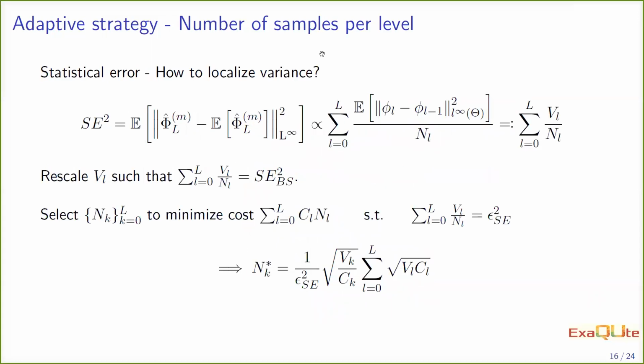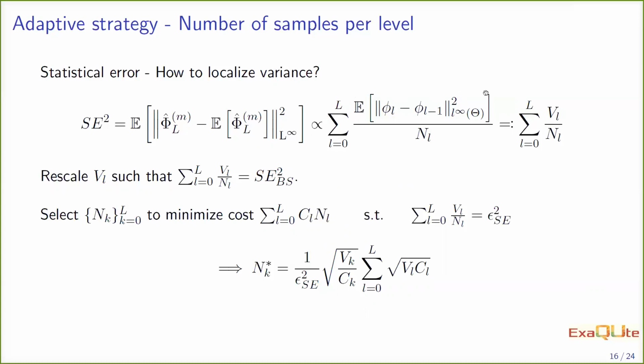Then for the number of samples, there are two issues here. The first question is how to localize this variance contribution to each level, because you need to know which level contributes how much variance to the total statistical error so that you can tune each level's number of samples appropriately. We saw earlier that the a priori estimates used in inverse inequalities get to this particular form, but the leading constants were large.